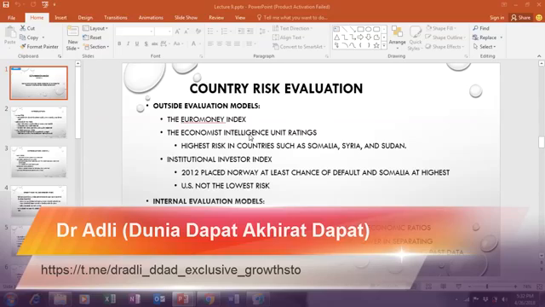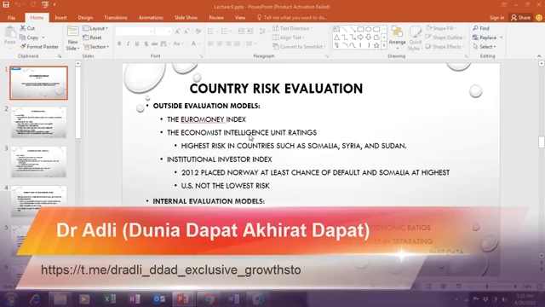The highest is Syria, followed by Somalia, Venezuela, Sudan, North Korea, Zimbabwe, Iraq, Iran, Greece, Italy, Portugal, Spain, Ireland, United Kingdom, France, Japan, Germany, United States, Canada, Sweden, Singapore, and Switzerland.